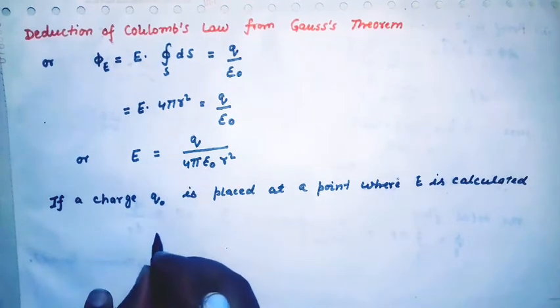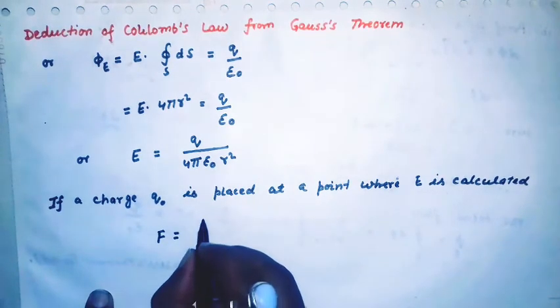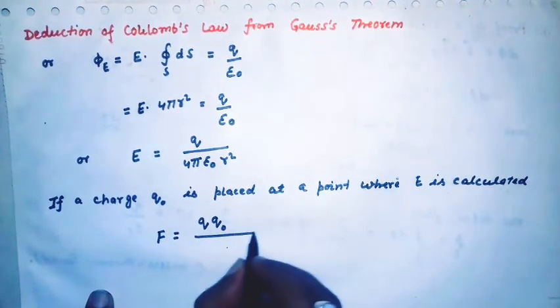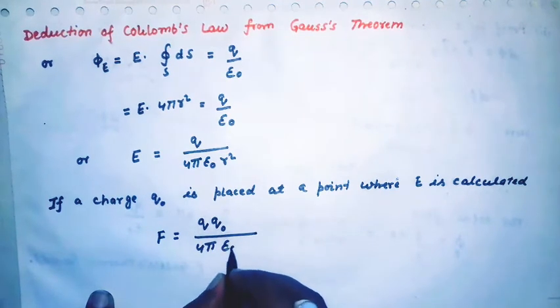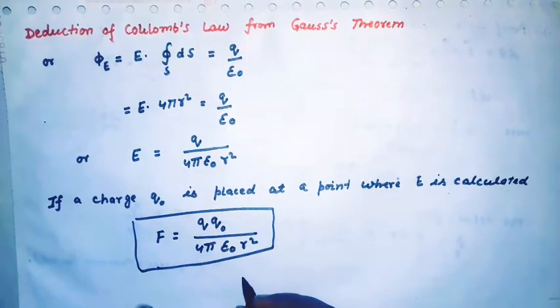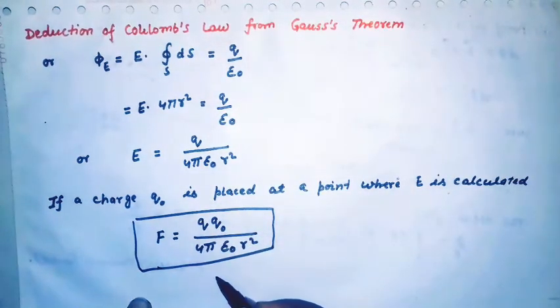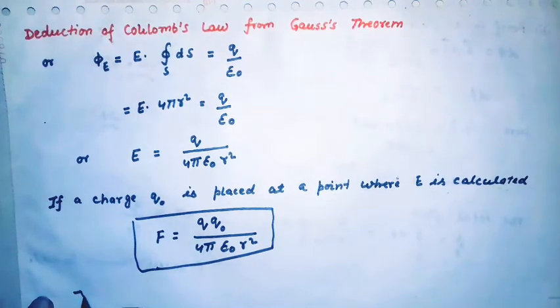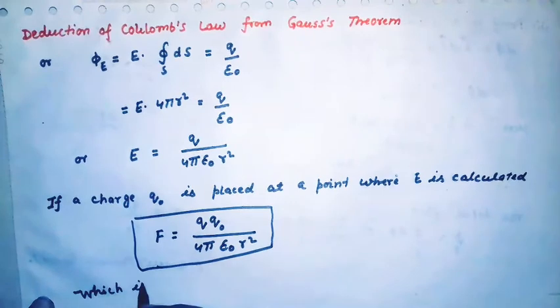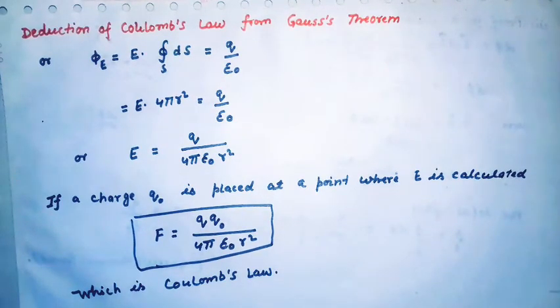Then according to the definition, the force between q and q naught will be given by F equal to q q naught upon 4 pi epsilon naught r square. So this is the deduction of Coulomb's law from Gauss theorem. We started from Gauss theorem and reached Coulomb's law, the value of force. So Coulomb's law can also be verified from Gauss theorem.